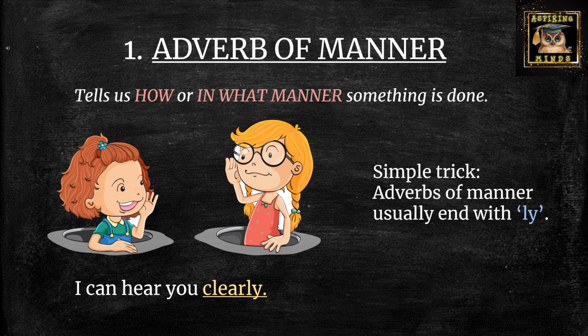She's telling her friend that she can hear her perfectly, clearly, right? And do you know there's a simple trick that you could follow for identifying the adverb of manner. Usually there could be exceptions, and there are always exceptions in grammar, but usually for adverb of manner you will see that it ends with the letters ly.